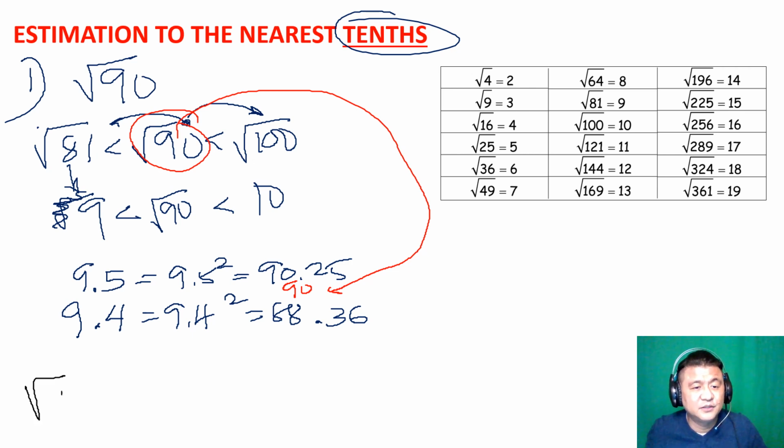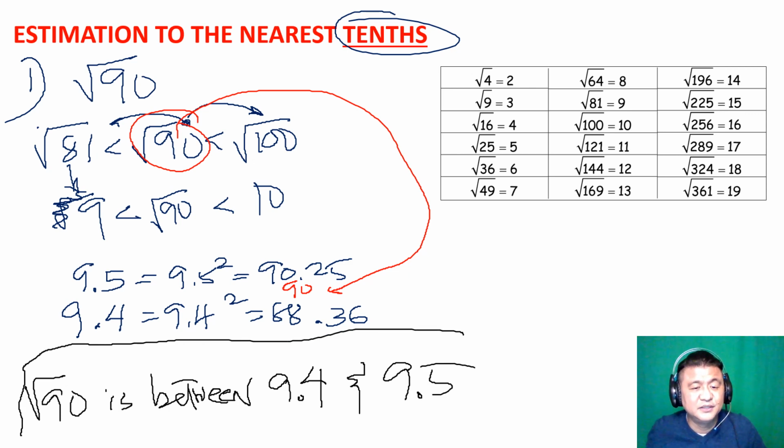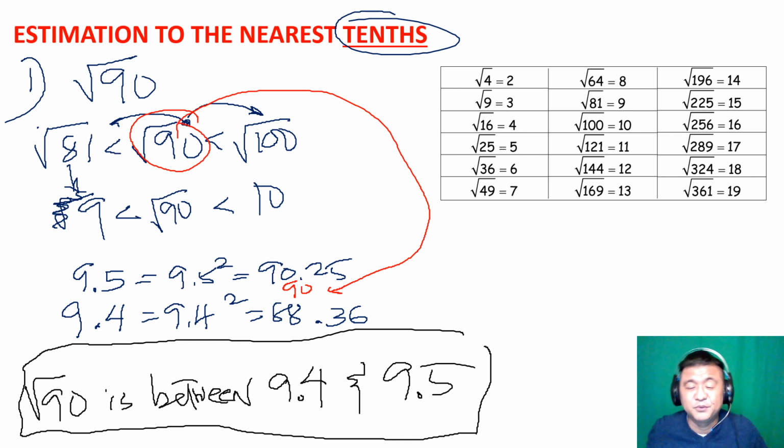The square root of 90 is between 9.4 and 9.5. It could be 9.41, 9.42, 9.43, or whatever. But this is a better estimate because it's on the tenths place value.